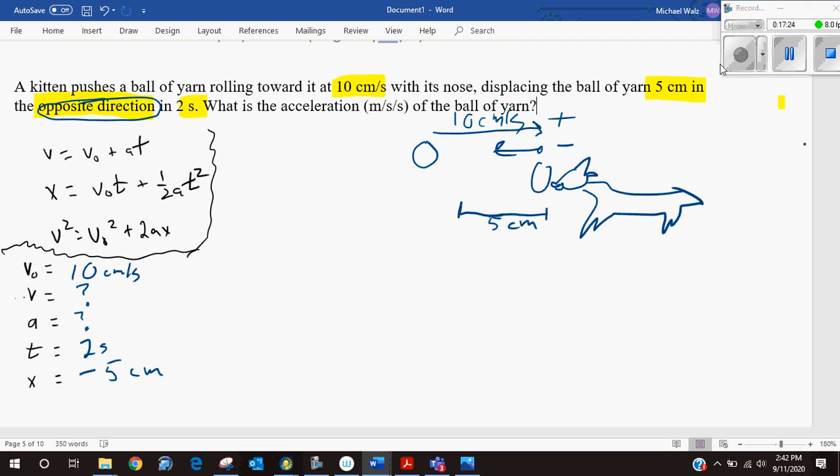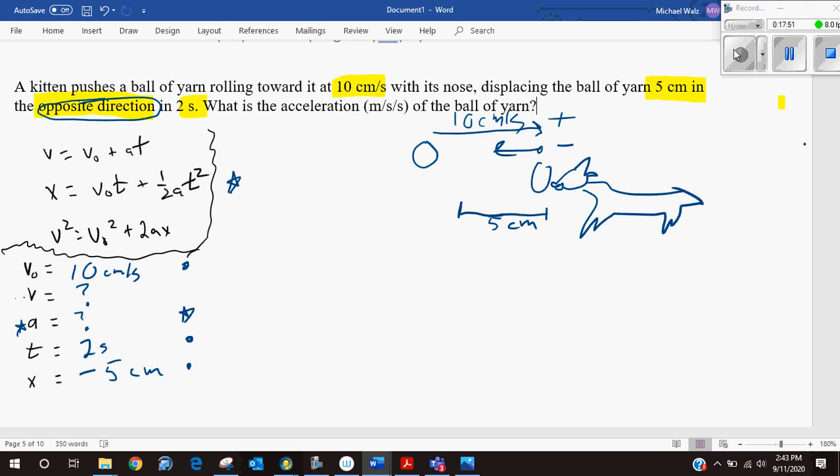So the first thing we're going to have to do is figure out, actually maybe we're okay with this formula because we have our x in there, we have our time in there, we have our v sub naught. So really, that one's going to give us the right answer because we have the acceleration that we're looking for.